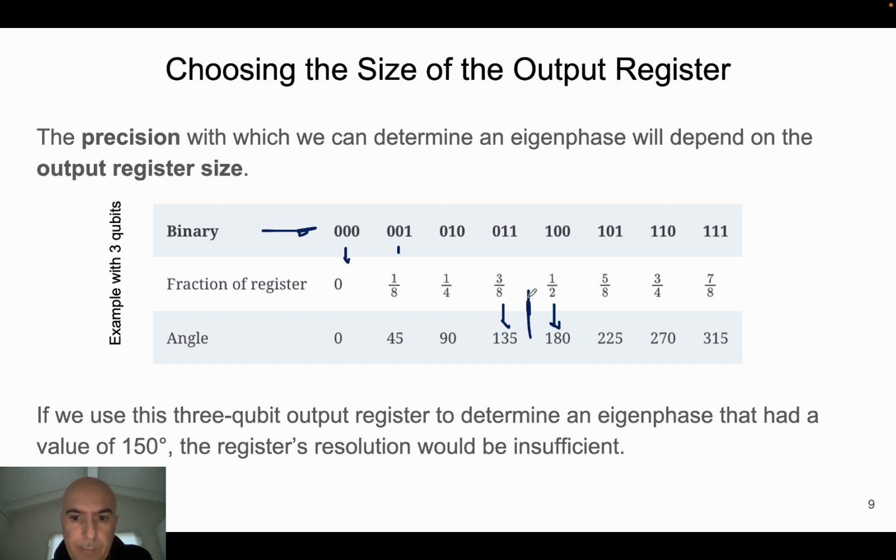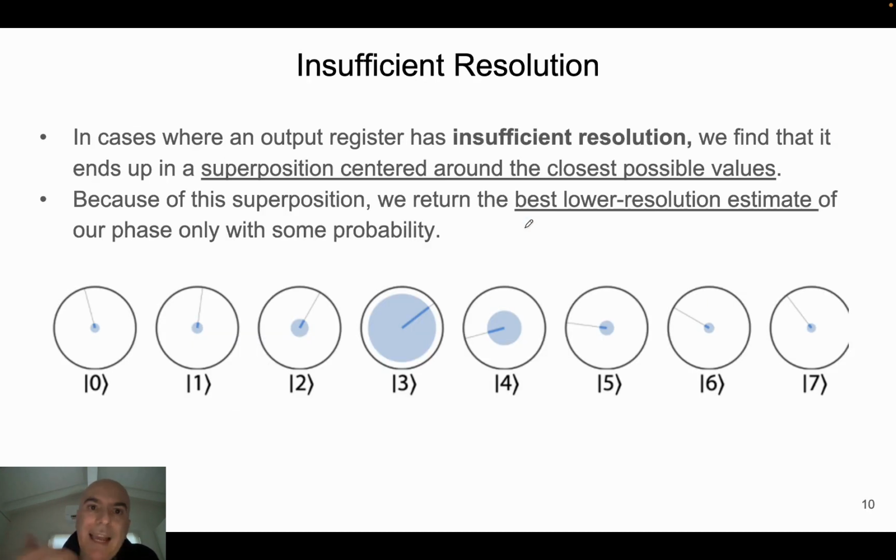So we will get a value here. So if you use the 3-qubit output register, the precision won't be enough. In our case, we want to have 150, that is not really represented, so the register resolution will be insufficient. So what happens when we have insufficient resolution?